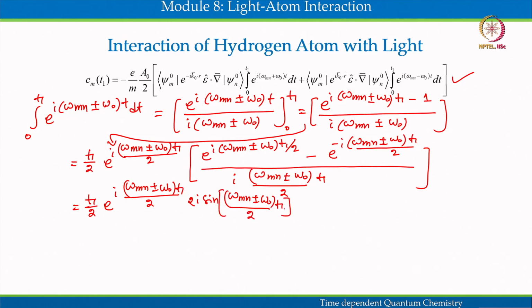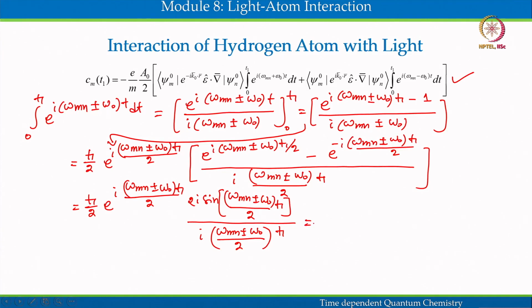This is the sine function, divided by i (omega mn plus minus omega naught) divided by 2 t1.